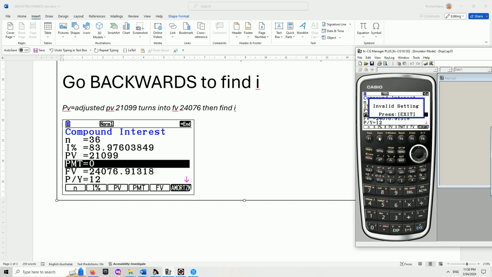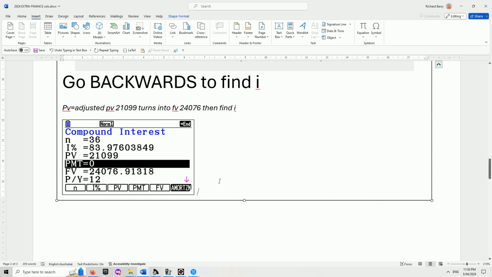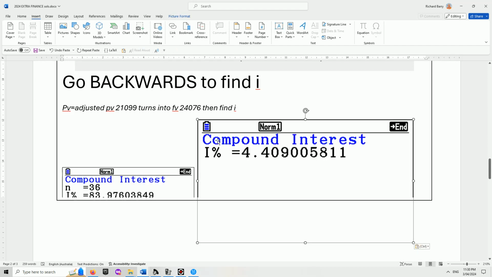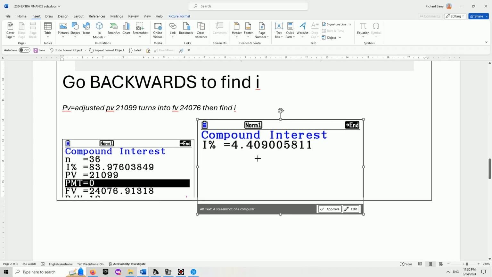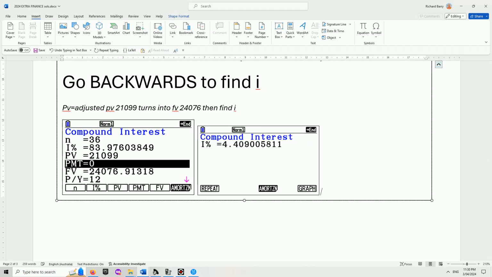And now we'll look for I. Oh, I forgot to keep putting that as a minus number, because it was the investment. I. And we get 4%. 4% real rate of return.